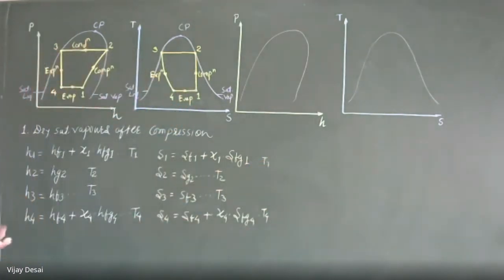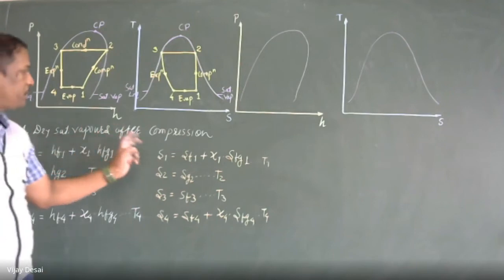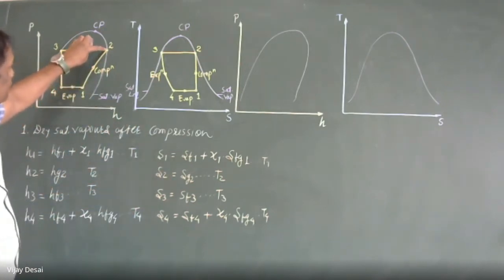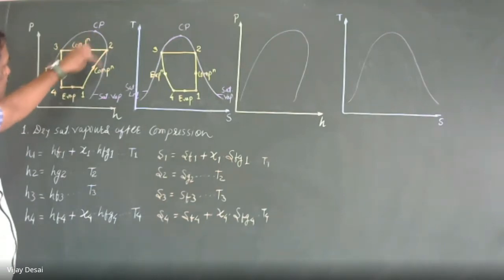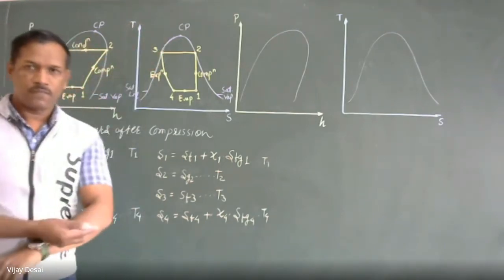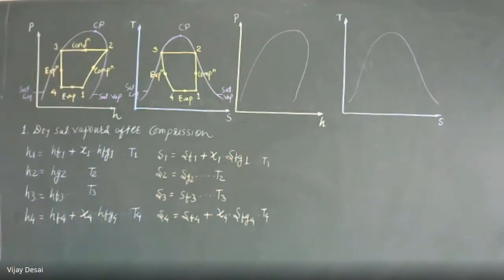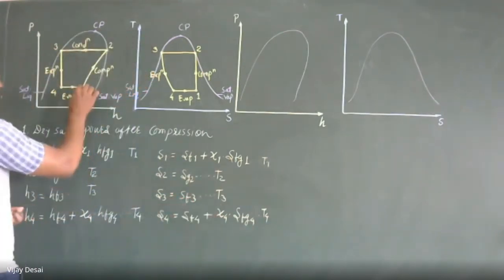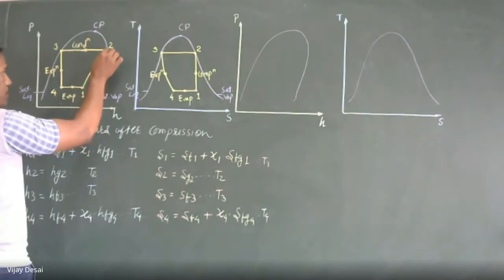So this is the condition if after compression we observe our refrigerant becomes dry saturated vapor. After compression we observe our refrigerant condition on this dry saturated curve. This is the first condition. Now the second: suppose after compression we don't reach the dry saturation point.